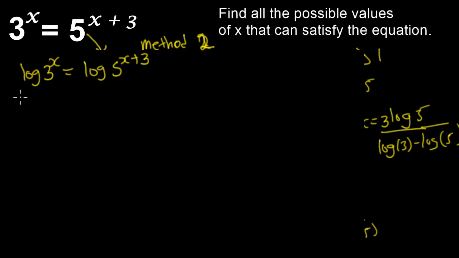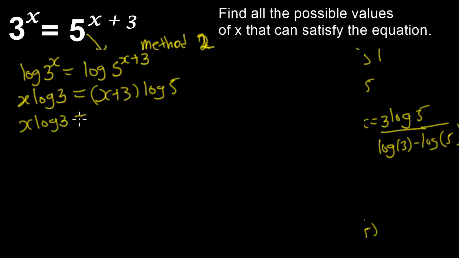So we are going to have x times log of 3 is equal to x plus 3 times log of 5. So over here we are going to have x log 3 is equal to, then we can expand this bracket. So doing that, we're going to have x times log of 5 plus 3 times log 5.